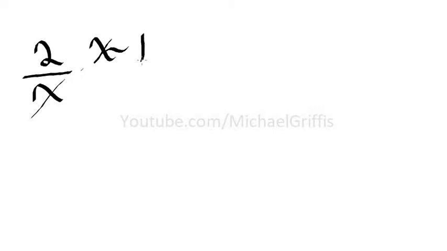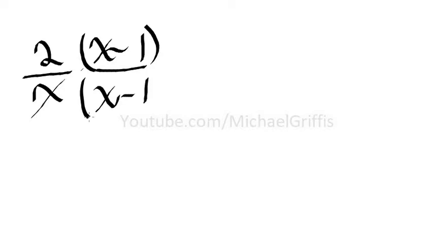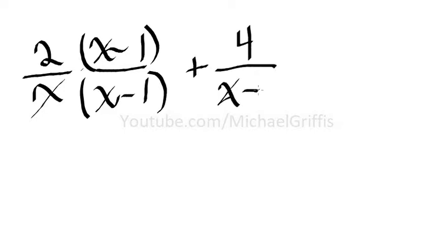2 over x. So we got to get a common denominator, so I'm going to write x minus 1 over x minus 1. Let's put parentheses around those. Plus 4 over x minus 1.